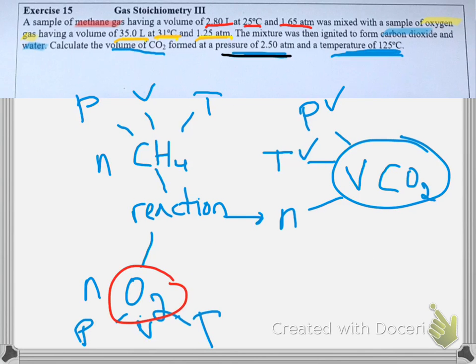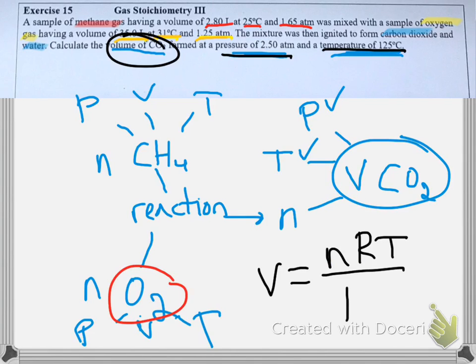We're also told the pressure and the temperature of our carbon dioxide, and we need to figure out the volume. Again, we're going to use our ideal gas law, but this time we're going to rearrange it to solve for volume. So volume equals nRT over P, and we plug in our numbers.